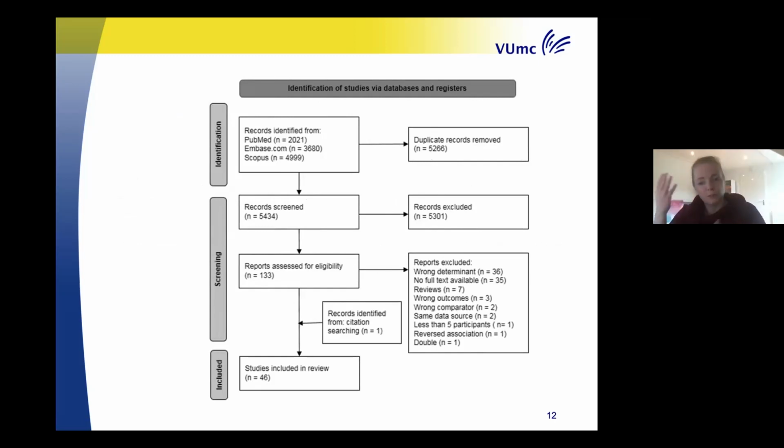But then when we started reading the full papers, there were still a large bunch that weren't really focusing on the topic, or they had the wrong outcome, or we had even some duplicates. We found one paper through the reference screening, but we ended up with 46 papers in the review.